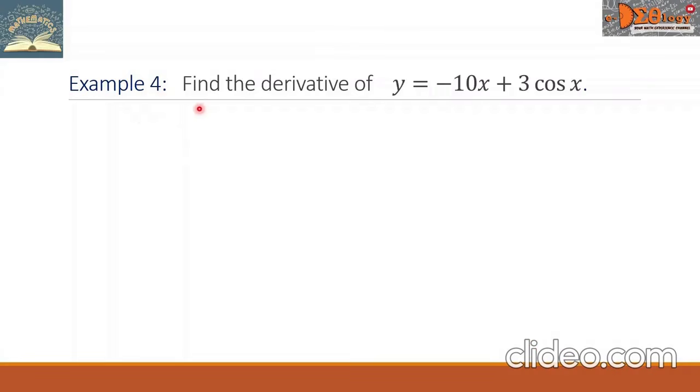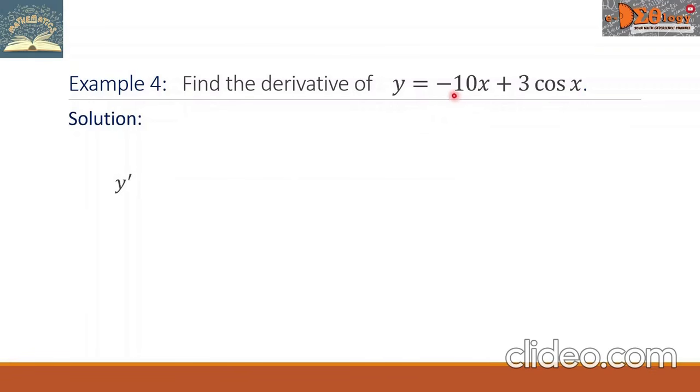Example 4. Find the derivative of y equals negative 10x plus 3 cosine x. We have here a function which is the sum of two functions. We will take the derivative now. We're going to have the derivative of each of the functions.